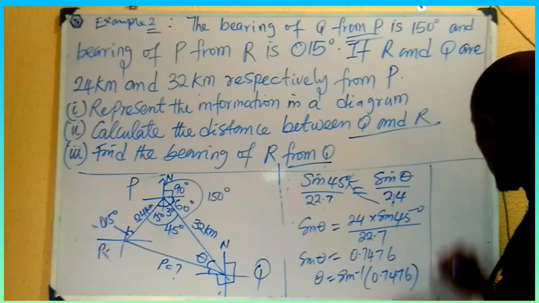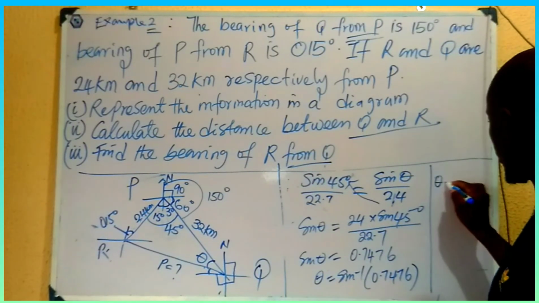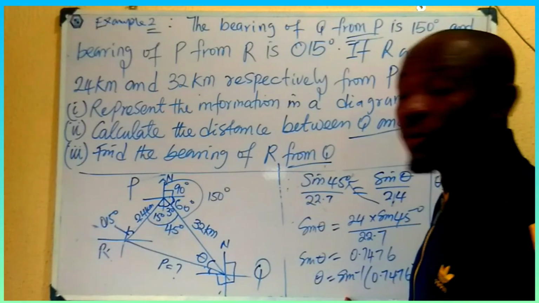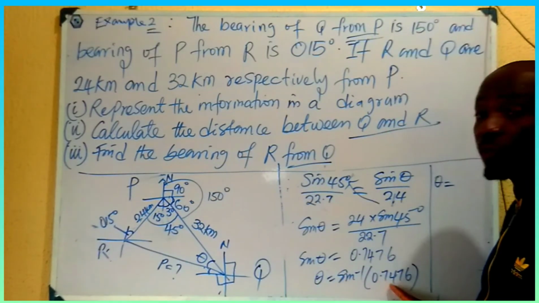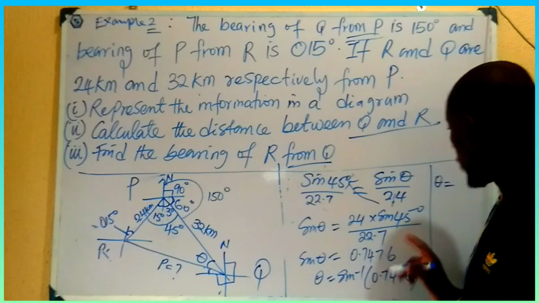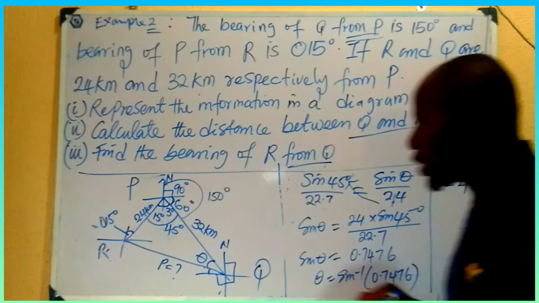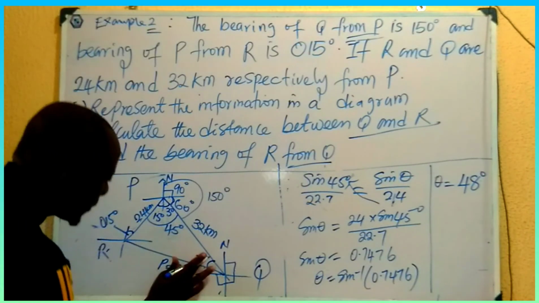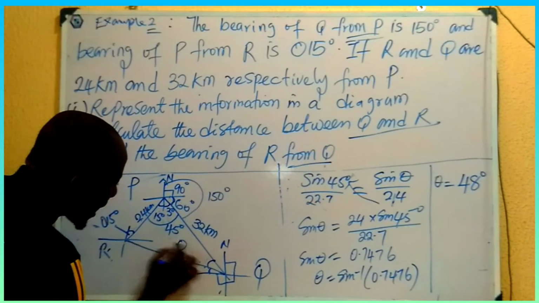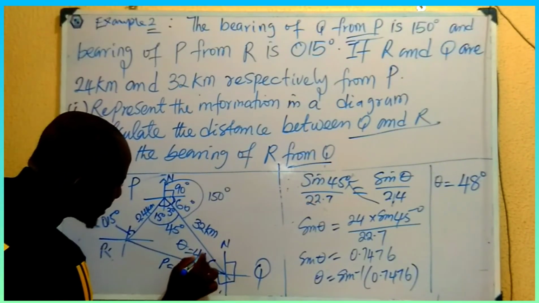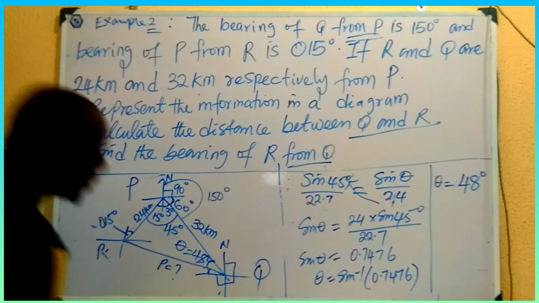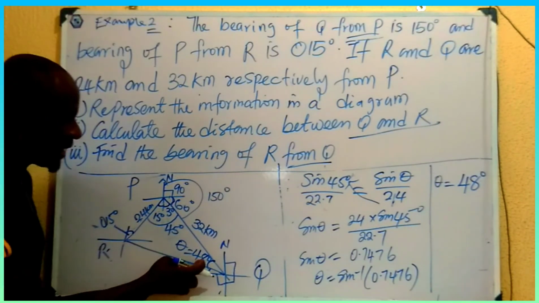Take your calculator and look for the sine inverse of 0.7476. This will give us 48 degrees. So this angle here, theta, is equal to 48 degrees.